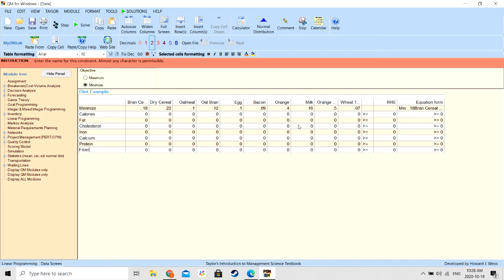do calories first. Calories we don't want more than because we're trying to be healthy. So we want less than or equal to a maximum of 420 calories. Fat also will be less than or equal to a total of 20 grams of fat.